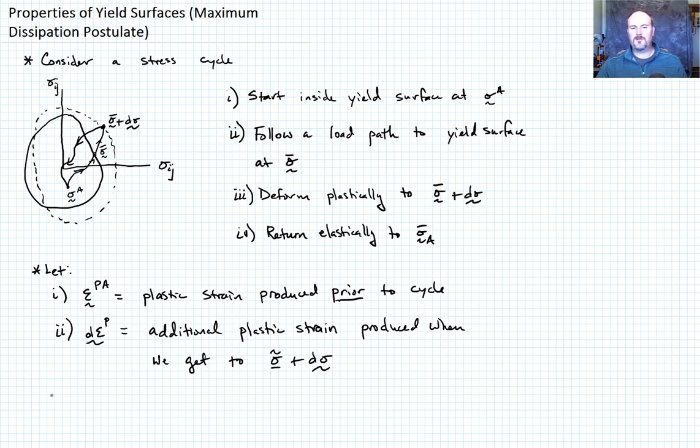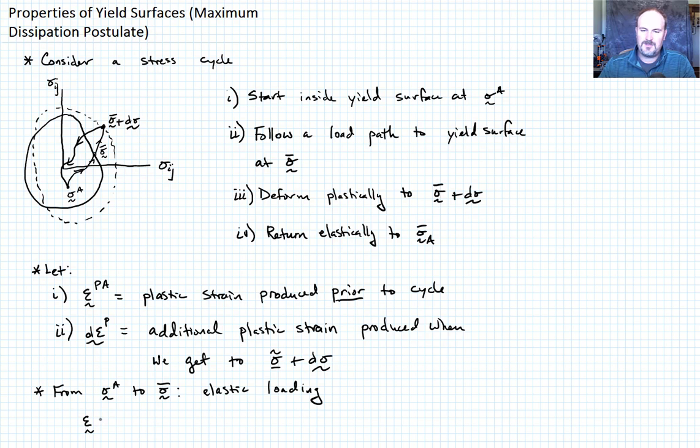Now let's think through each step of the process. First, let's look at from sigma A up to sigma bar. We know that we're inside the yield surface, so there's no plastic deformation. This is just elastic loading. We know how to represent that.